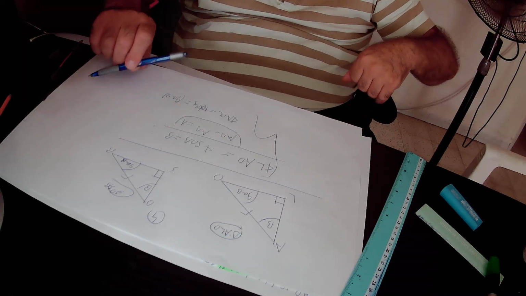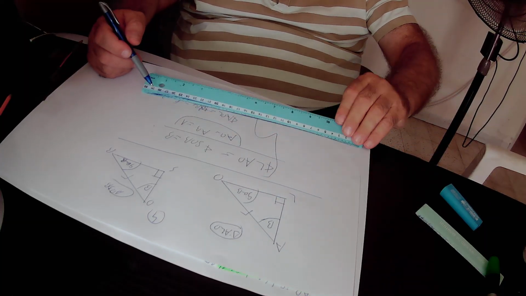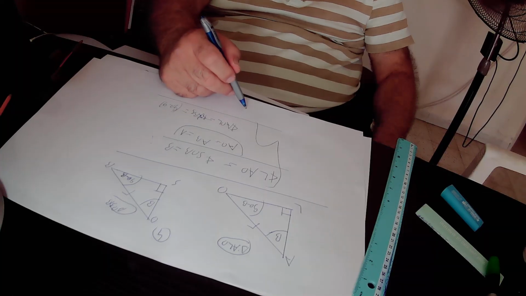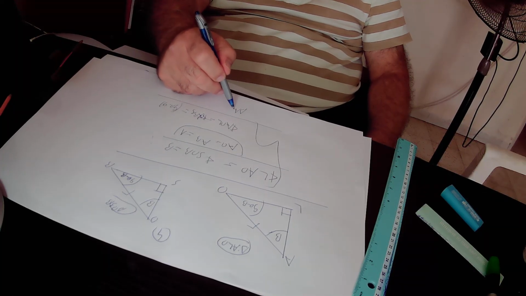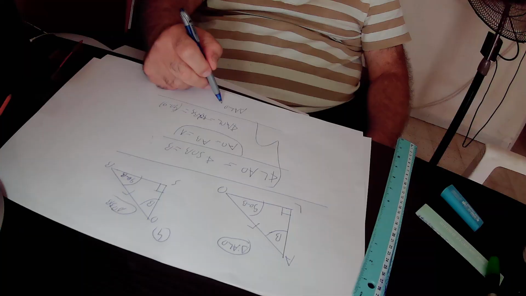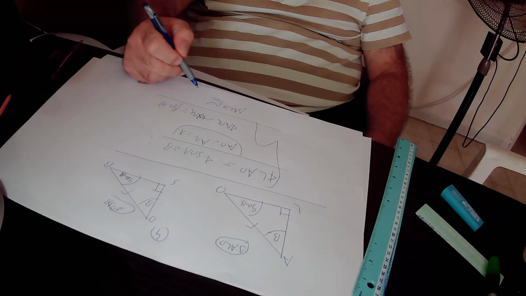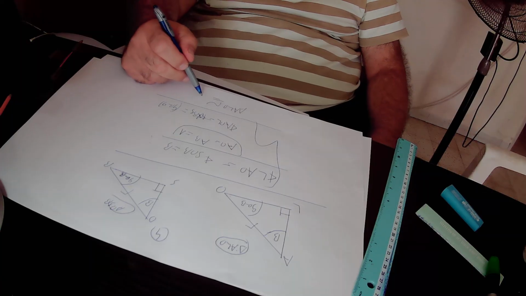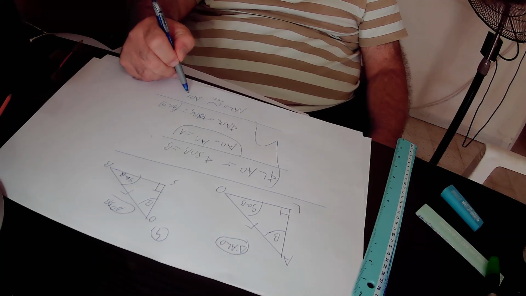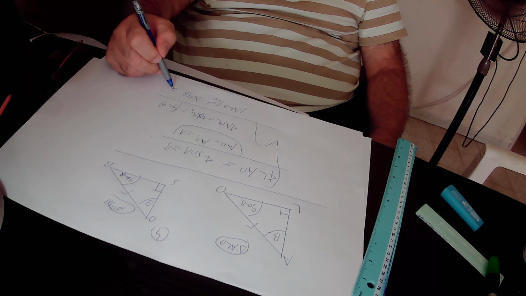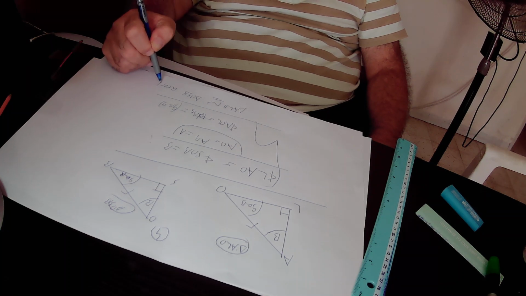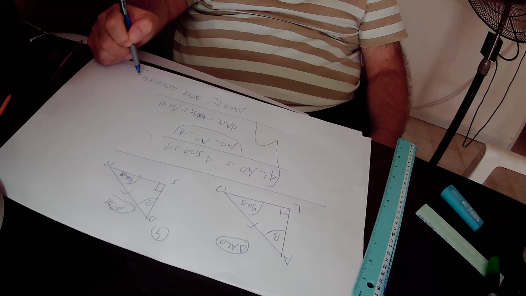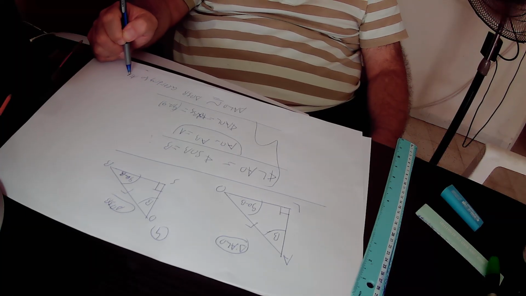So the right triangle ALO is congruent to the right triangle OSB according to angle, side, angle.